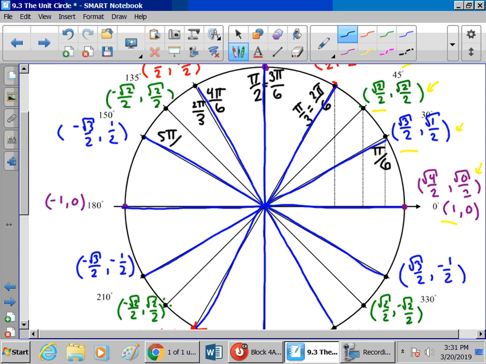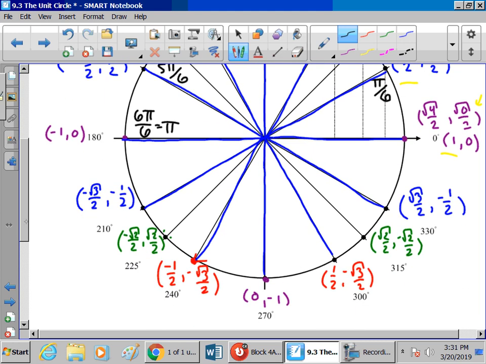Doesn't simplify. 6 pi over 6 definitely does. 6 pi over 6 is just the same as pi. Okay. 7 pi over 6. Unpleasant, does not simplify. 8 pi over 6 definitely does. 8 pi over 6 is going to be 4 pi over 3.